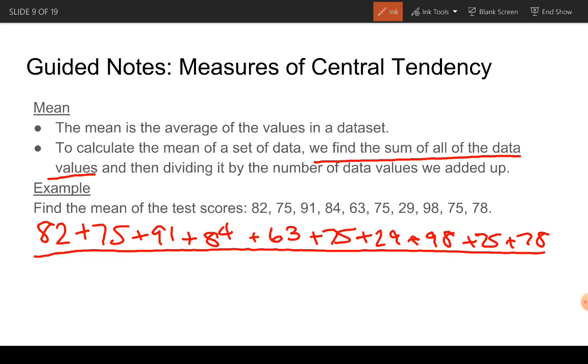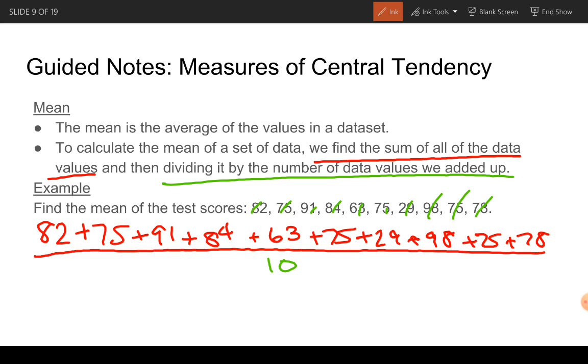Our next step says to divide by the number of data values that we added up. So there are 1, 2, 3, 4, 5, 6, 7, 8, 9, 10 data values. Perfect. So now we need to add up all of those numbers in the numerator.